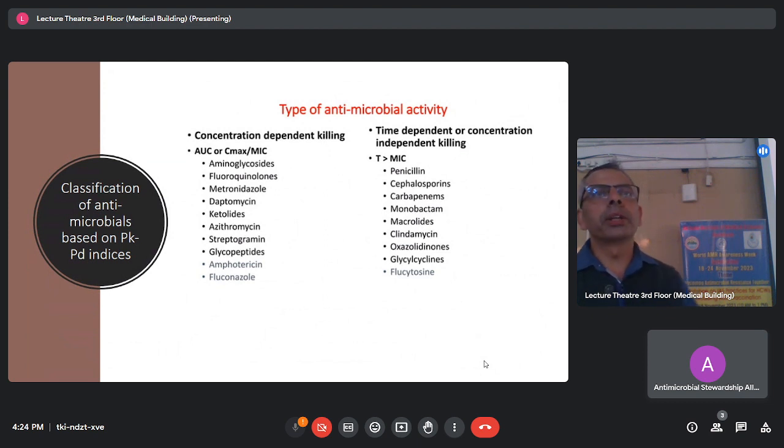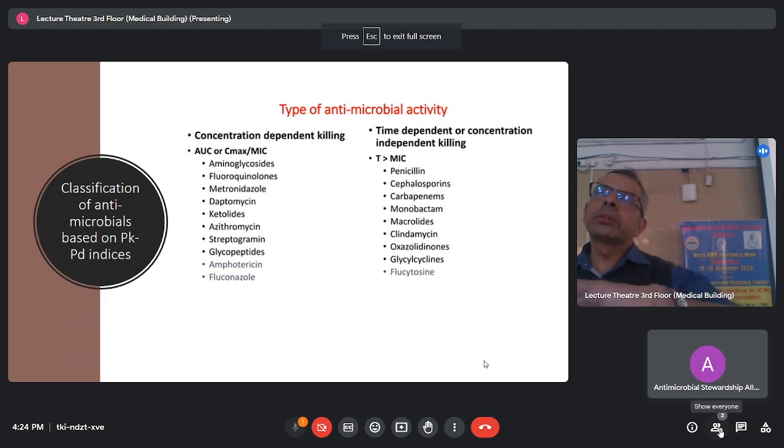Because if we are giving it over a period of 3 hours, it is going to sustain the levels at least for 3 hours above MIC, significantly high levels. And the duration for which it will be at a higher level will remain longer. We discussed something about protein binding also. Carbapenems have got significant protein binding, so they are going to stay in the tissues for a longer period of time. Their action will be prolonged.